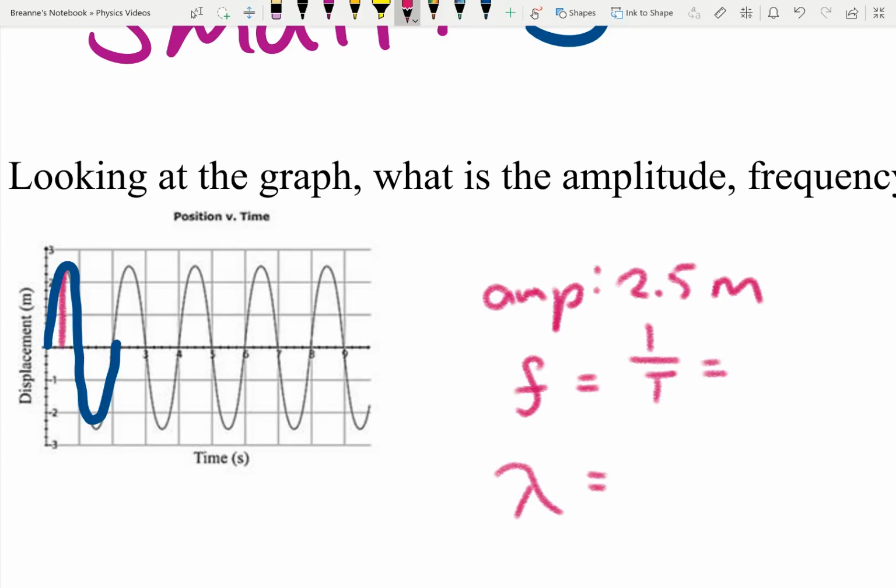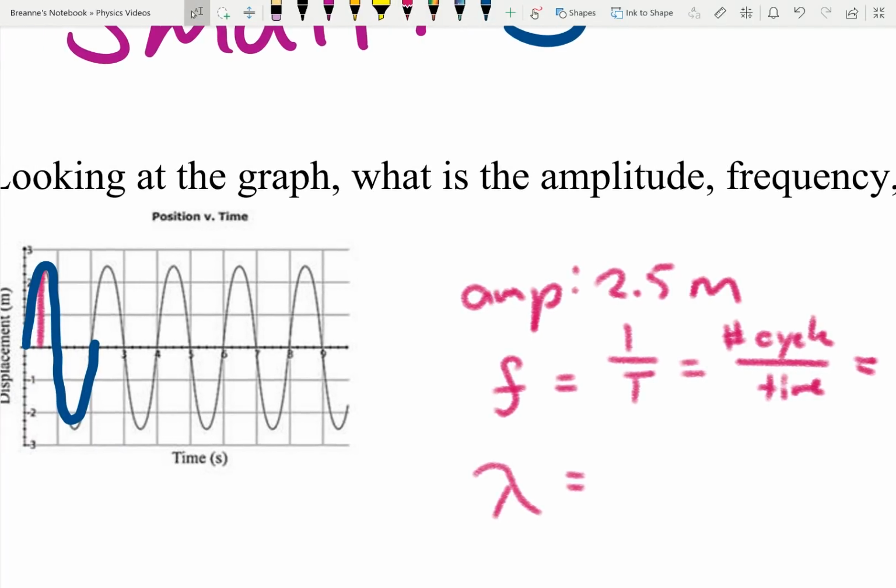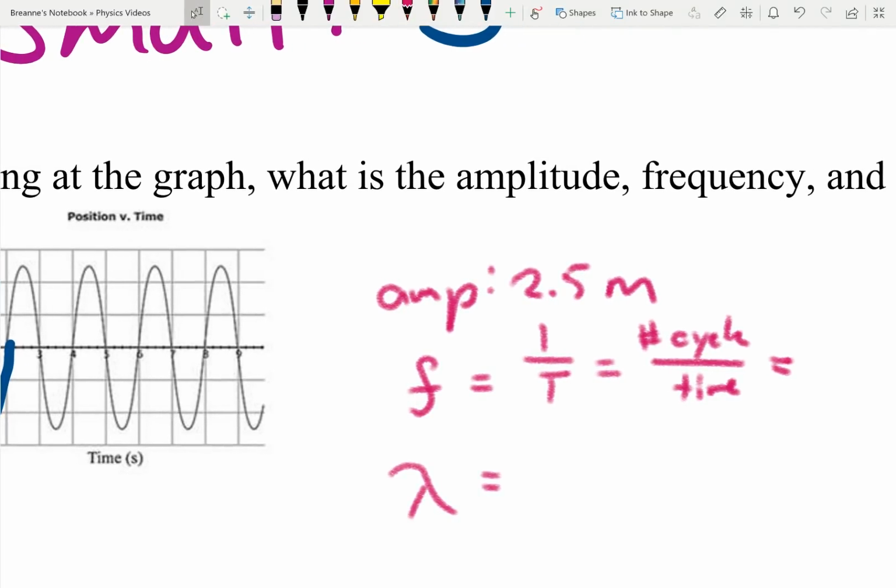So we can do number of cycles. So there's 1, 2, 3, 4, or in this case, number of cycles over time. And so number of cycles, like I said, you have 1, 2, 3, 4, 5.